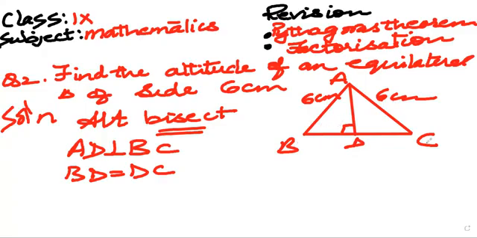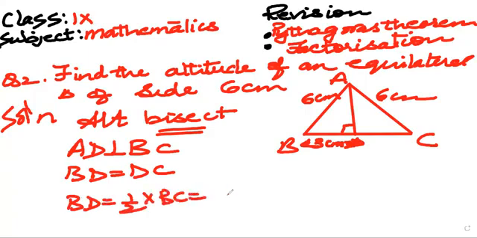Yes, if the whole is 6 centimeter, BD will be half, so it will be 3 centimeter because it is half of BC. So BD is equal to half of BC, that is half of 6, so you will get 3 centimeter. Is it clear, children? So this is 3 centimeter.